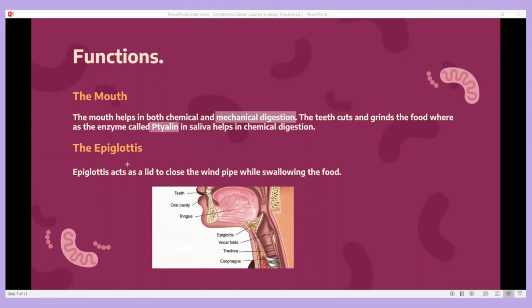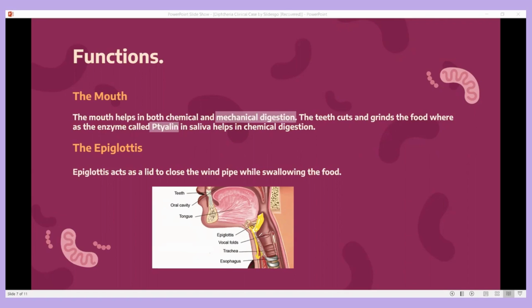And the function of the epiglottis, as I said earlier, the lid-like part in the throat. How does that help in digestion? Well, while we are eating, the food shouldn't enter the windpipe because the throat is a common place for the windpipe and the esophagus.